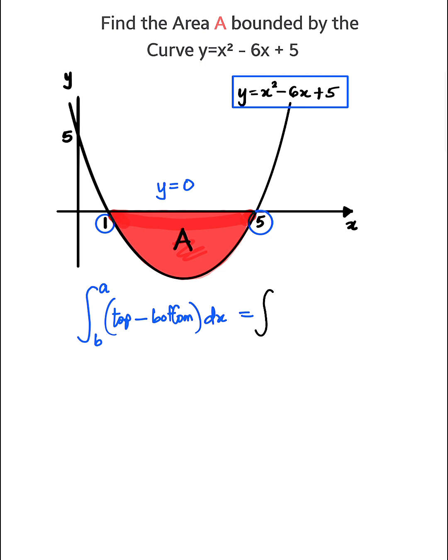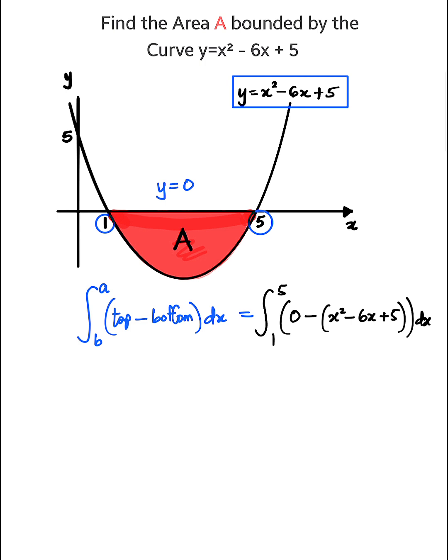Now the integral, then 5, which represents a, then 1, which represents b, the upper and the lower. Then the top here, take note, this is 0, then minus, then here you have x squared minus 6x plus 5 dx.